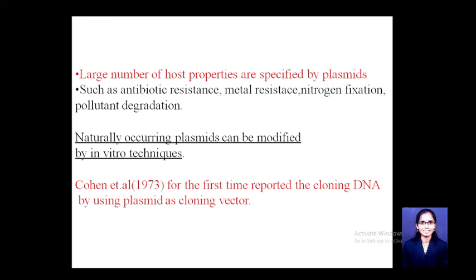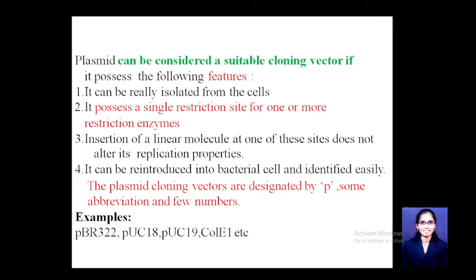Cohen et al. for the first time reported cloning DNA with the help of a plasmid as a cloning vector. And nowadays, the natural plasmids present in the bacterial cell have been modified by scientists, who have prepared their own cloning vectors of interest, which are referred to as artificial plasmids.